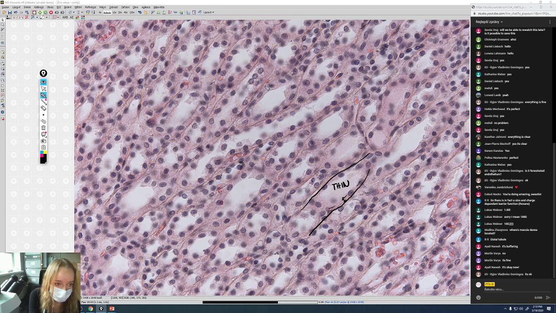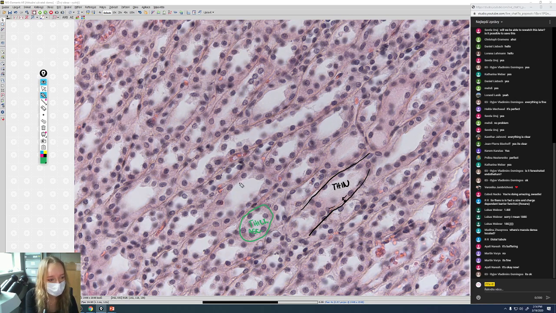I'm trying to find some thick segment here. This epithelium is somewhat similar to the distal tubule, so I'm going to draw it green. And this is probably the thick segment, the thick ascending, because it looks like a distal tubule. So you don't have to worry about that much.